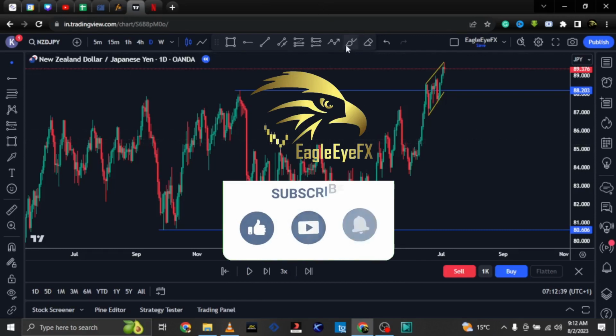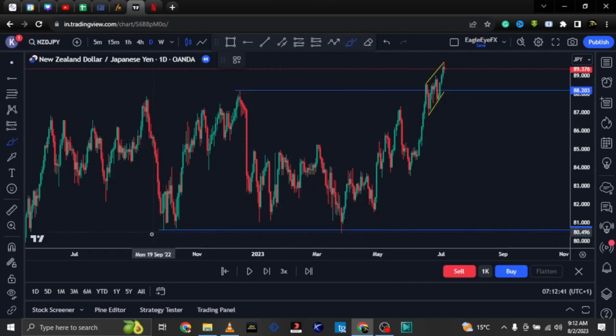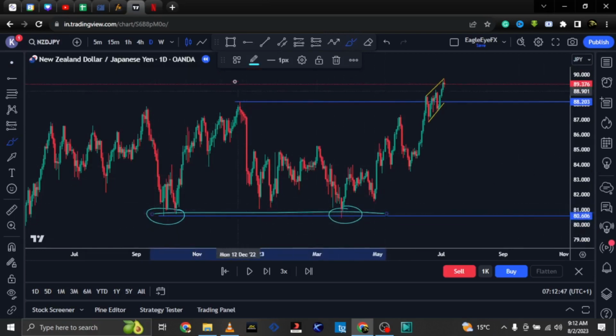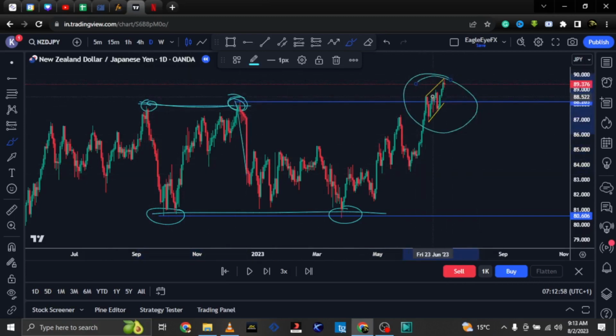All right, so we have this NSDJPY. You can see that we had this double bottom over here, so of course this becomes an area of interest. Then we have this top over here, which was a double top. You can see the market got here, got here, and then it reversed. So now we are in this particular area, and of course we are expecting a reversal because of the kind of structure that is forming.